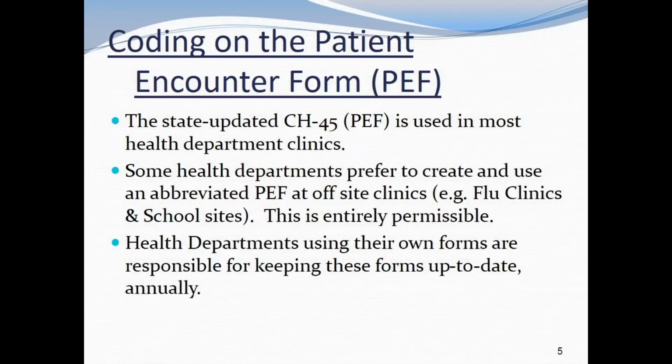Just make sure you look at it each year to make sure that the codes have not changed. We also have a flu clinic and school sites forms, and it's all up to the health department; if they want to change those, they're perfectly welcome to. It is completely up to the health department to update those forms annually.